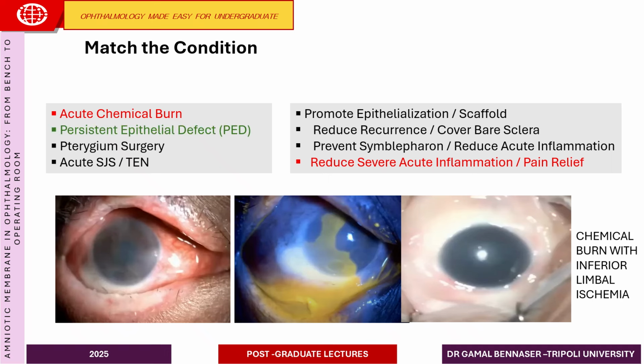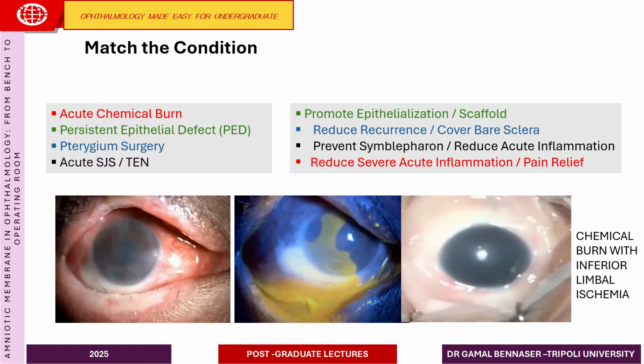However, the role of amniotic membrane in persistent epithelial defect is to promote epithelialization, and it acts as a scaffold for proliferation, migration, and differentiation of the cells. Now, the role of amniotic membrane in pterygium surgery is to reduce the recurrence and cover the bare sclera area.